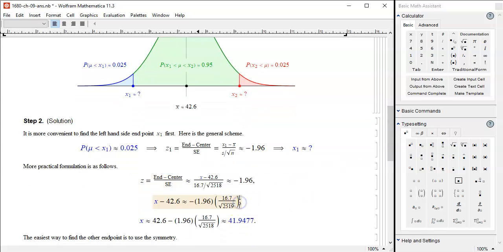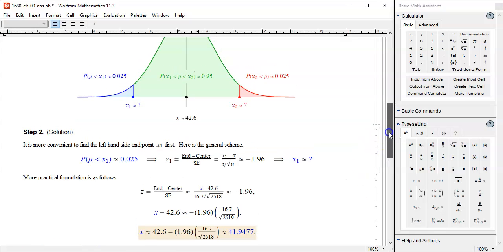Let's solve this equation. Flip the denominator to the other side, and we get negative 1.96 times the standard error. Move the center, 42.6, to the other side as well, and we get this computation: 42.6 minus 1.96 times the SE. Punch it in the calculator, and you get 41.9477, about 41.95.